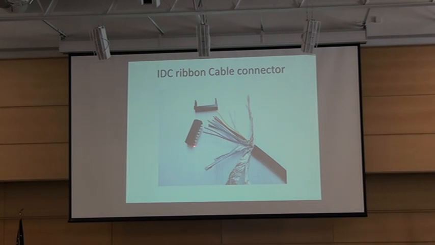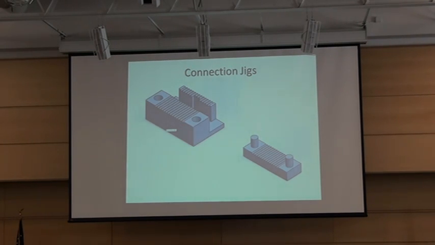And the reason it's called insulation displacement is you have these little knife blades here on the connector, and you insert the wires over these, and then when you press down with this, it pushes the wires onto the knife edges, and that cuts through the insulation, so you don't have to strip all the individual wires, and you can just clamp them all up at the same time. The trick is just lining them up, and that was one of the concerns we addressed with this.